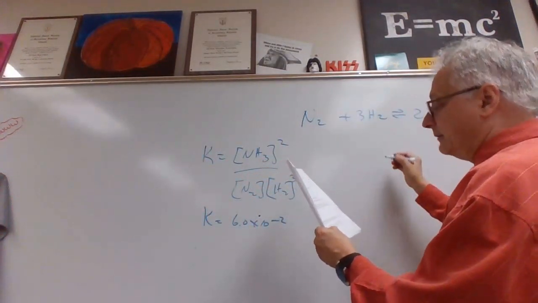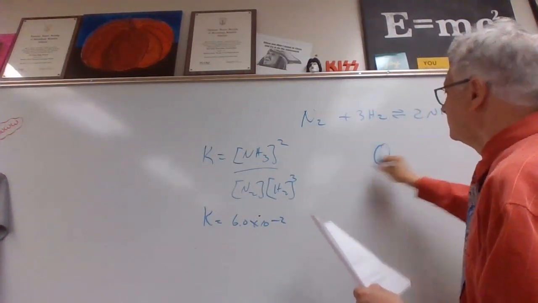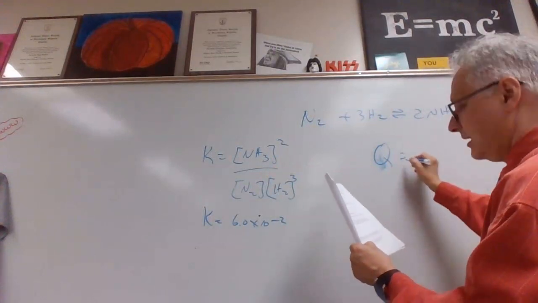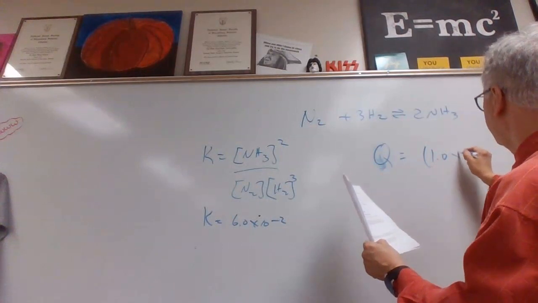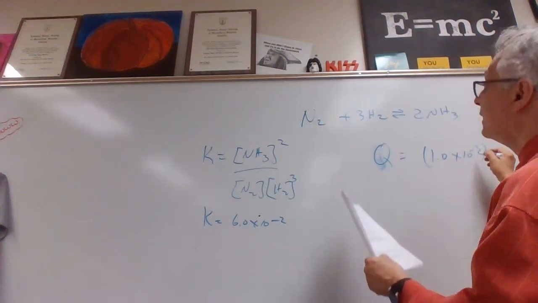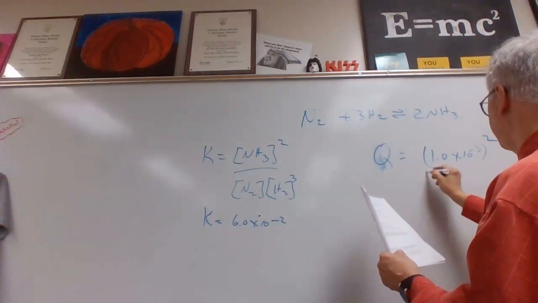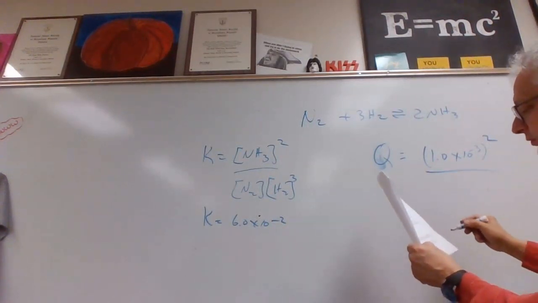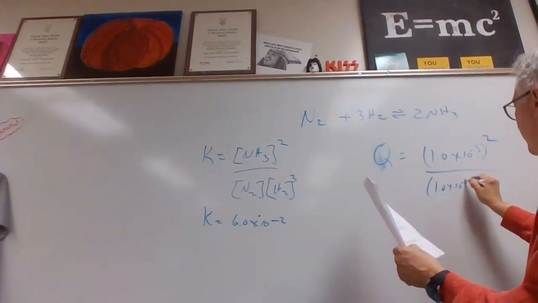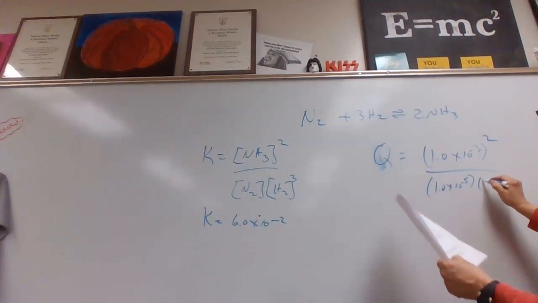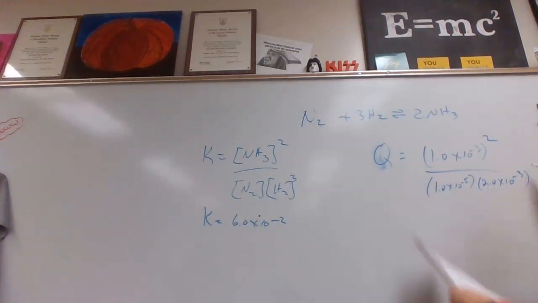So let's just look at one of them. Let's look at A. My Q value here is set up exactly the same way as K. My Q value is going to be 1.0 times 10 to the minus 3, squared, over 1.0 times 10 to the minus 5 and 2.0 times 10 to the minus 3, cubed.